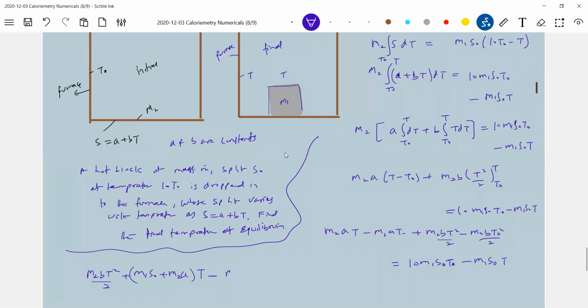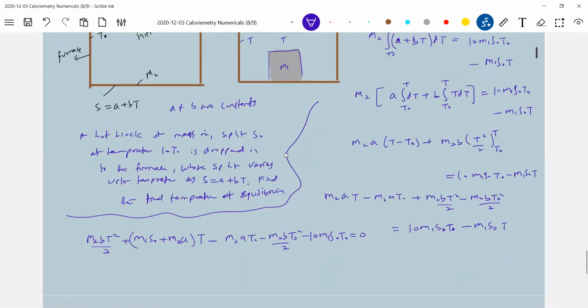Minus of M2A T naught minus M2B T naught square by 2 minus 10 M1 S naught T naught. Okay, this everything you can call beta, that is a very large term. So this is alpha T square plus beta T minus gamma. Solve for T.